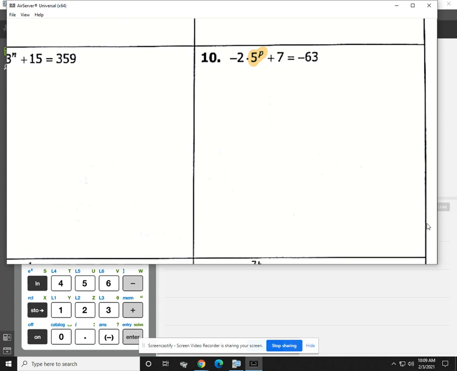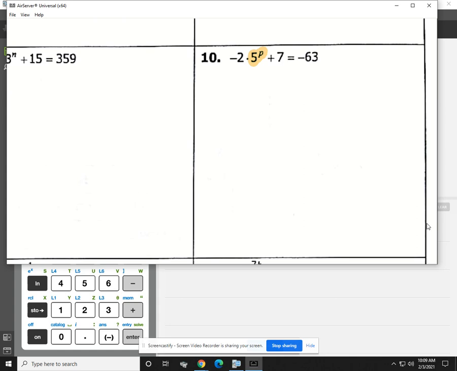Now, does it matter which one I move first? Yes, it's absolutely important that we follow the correct order when solving. You've probably been taught this back in Algebra 1. It's like you're doing reverse PEMDAS. For example, what's the closest thing to 5 to the p power, according to PEMDAS?